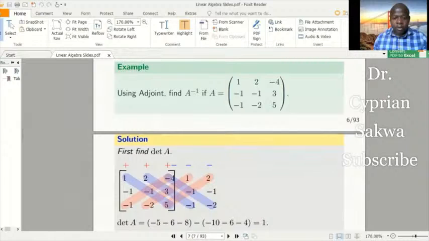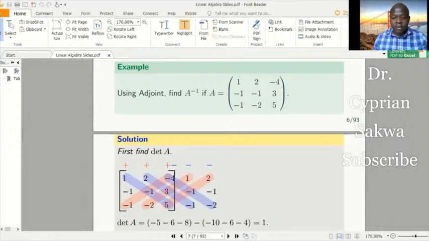This is my example, and the question says, using the adjoint method, find A inverse if A is this.